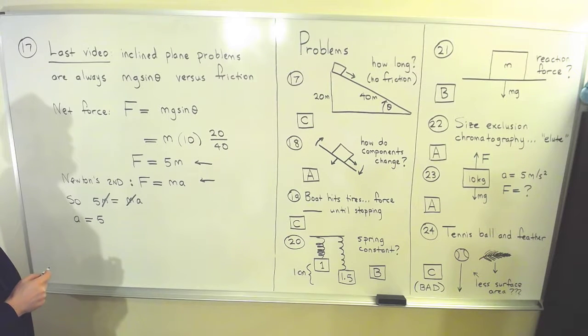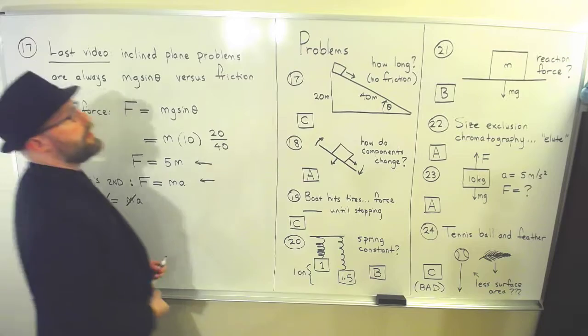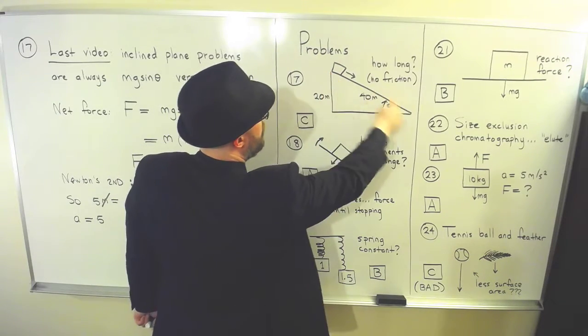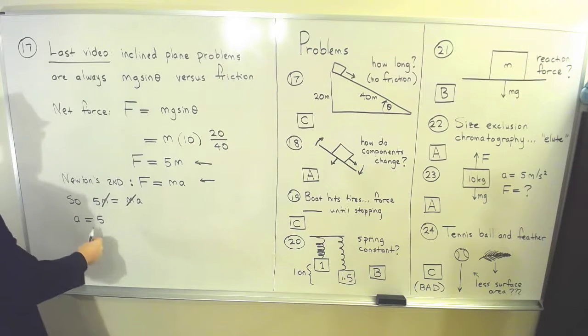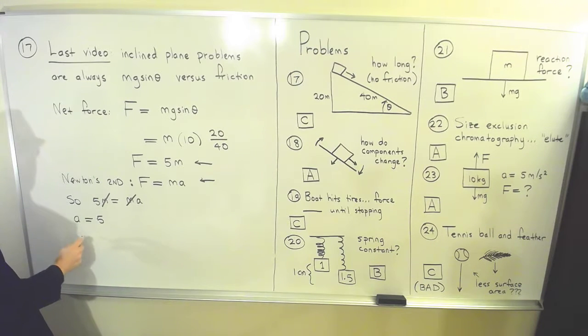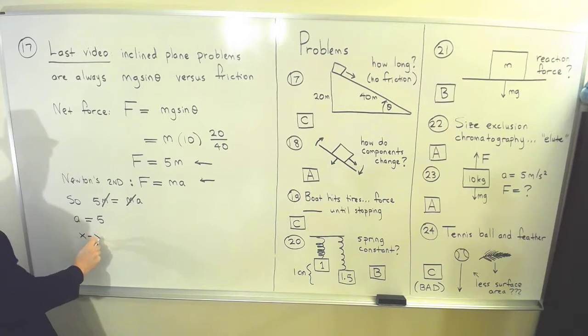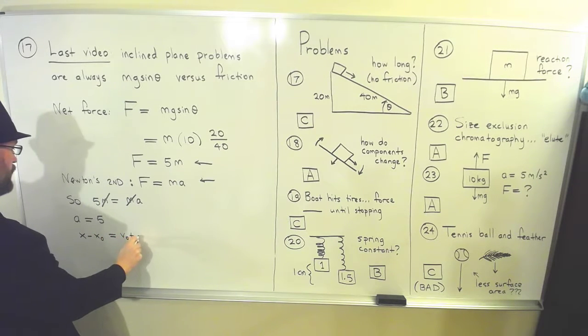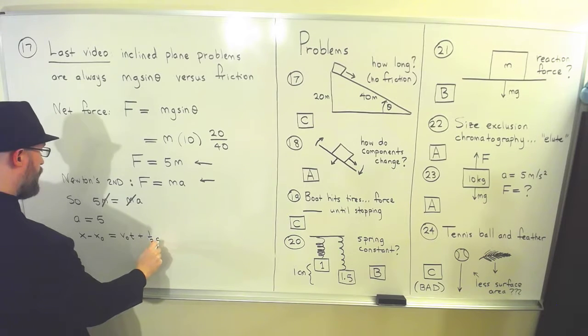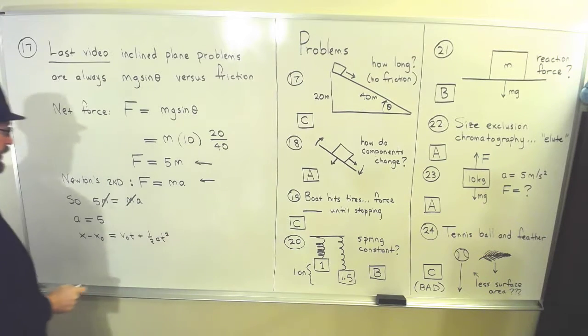Okay, so now I know the total distance, I know the acceleration, and I can solve for time. Now the equation I'm going to use is the equation from way back, x minus x0 equals v0t plus 1/2 a t squared.